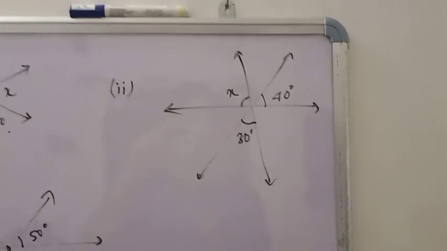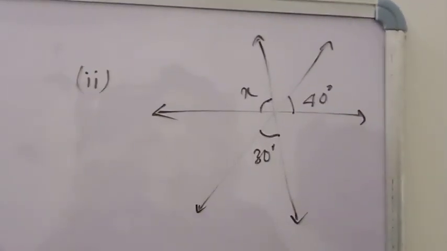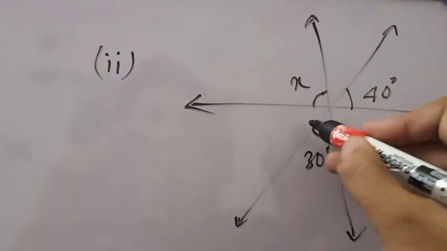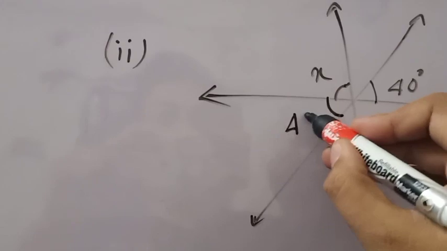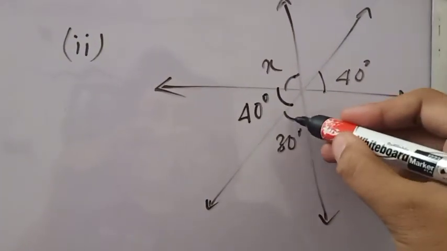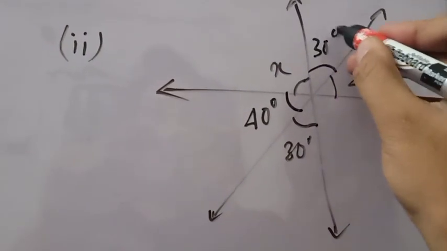Now next one, in the given figure, two angles are given 40 degree and 30 degree. So see that this 40 degree is vertically opposite to this angle. That means this one is also 40 degree. And similarly, this angle is vertically opposite to this angle. That means this one is 30 degree.